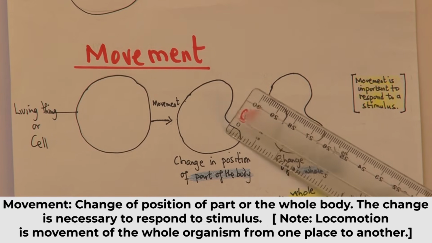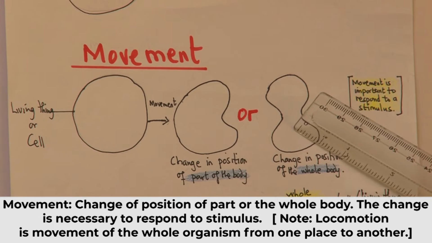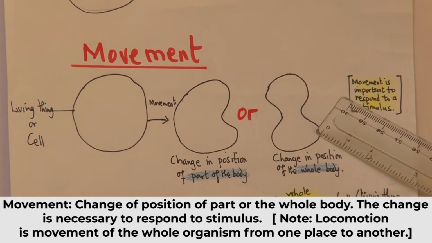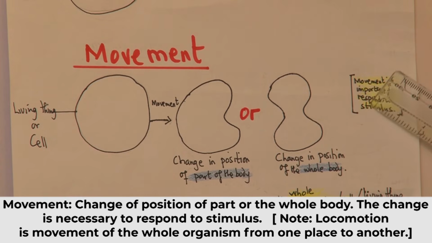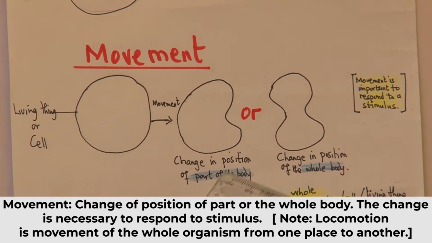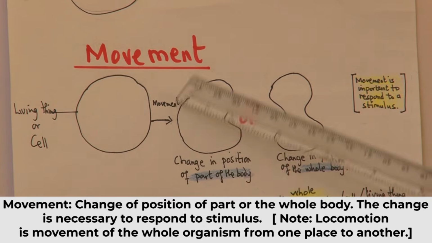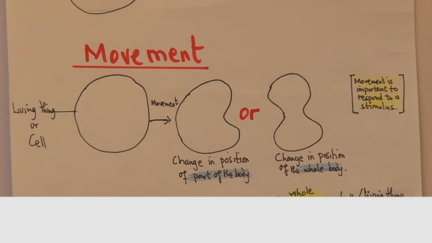So movement is change in position of part of the organism or the whole organism, just change position. And movement occurs so that the organism can respond to stimulus. Very important. Now, locomotion is movement of the whole organism from one place to another. That's locomotion. Good. Quickly, let's look at reproduction.